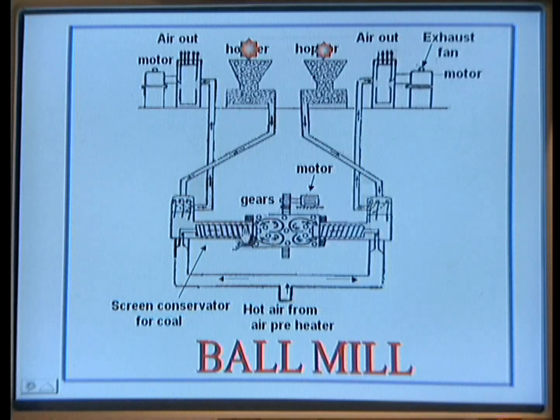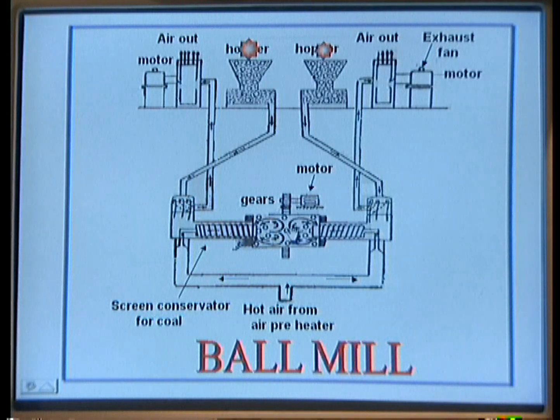So, this is an identical one. The coal from the hopper comes in this direction to the classifier, where it classifies the different sizes of coal, and the required size of coal is sent into the drum through the screw conveyor.